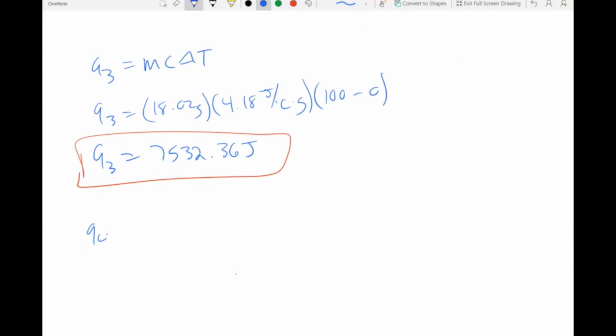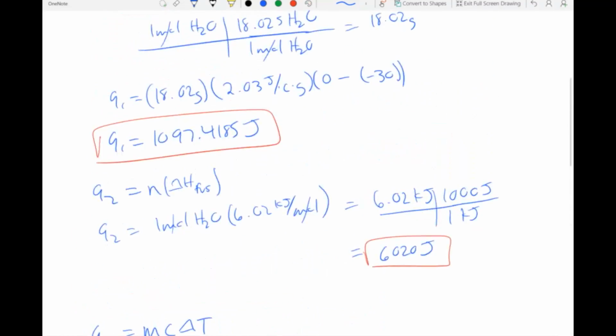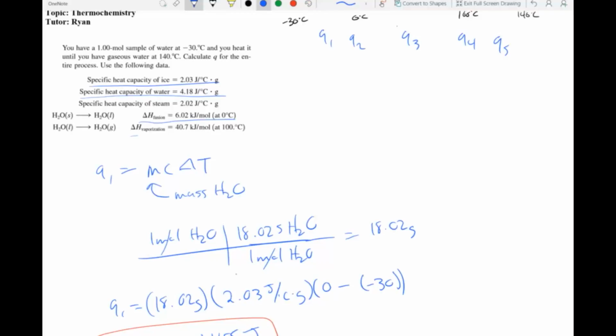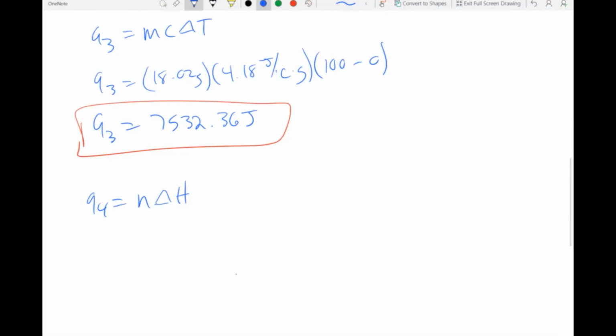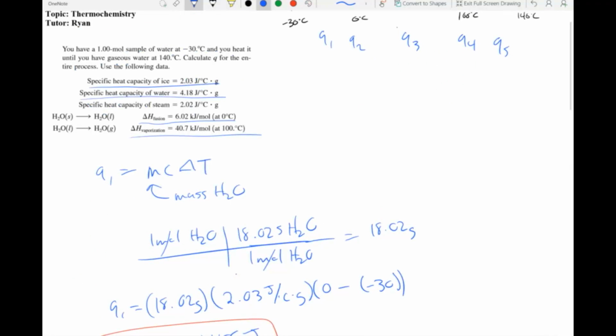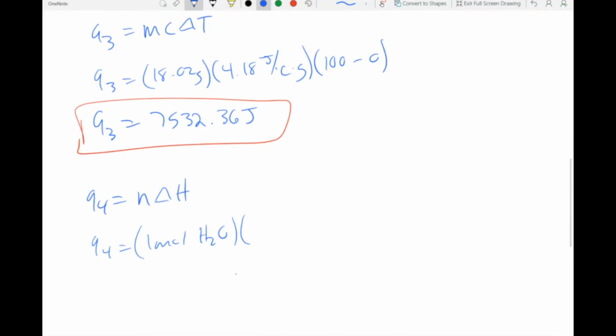And then Q4, this is another phase change occurring. So we use delta H, and this one is also given to us, which is right here. So Q4 equals 1 mole of H2O times 40.7 kilojoules per mole.